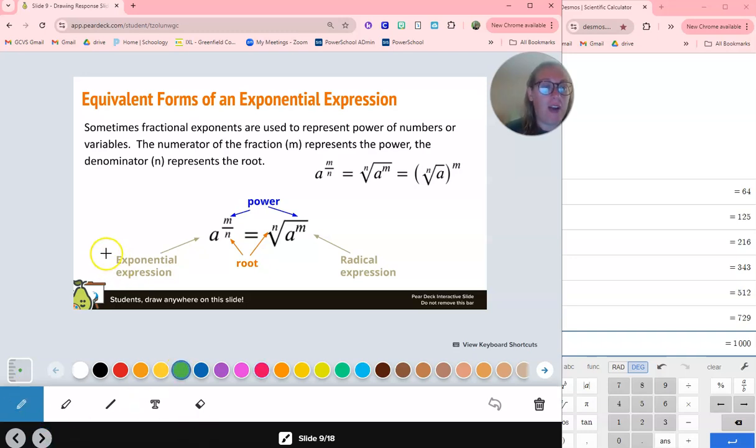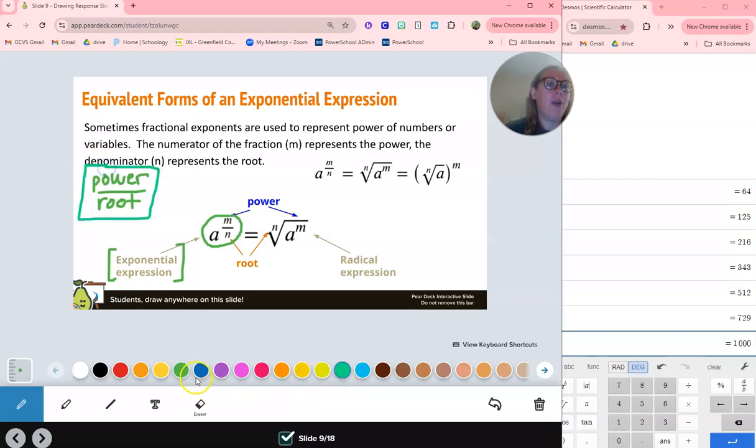So again, we have our exponential expression, which looks like this. We have a base of a, and we're raising it to an exponent, and that exponent is m over n. What that means is power over root. This is a super important thing to remember for this NQ2 lesson: power over root. So the power is m, the root is n.